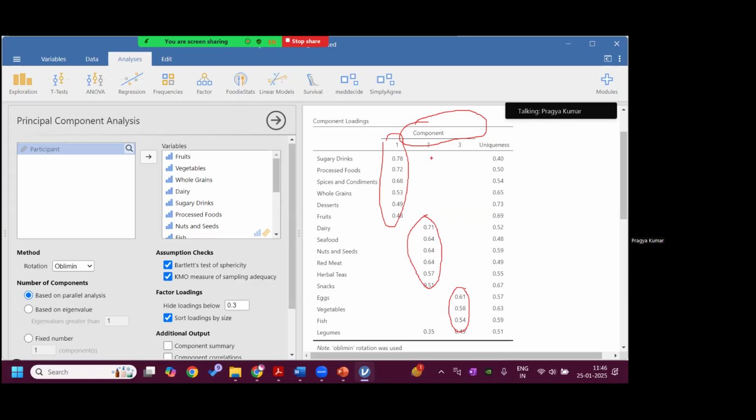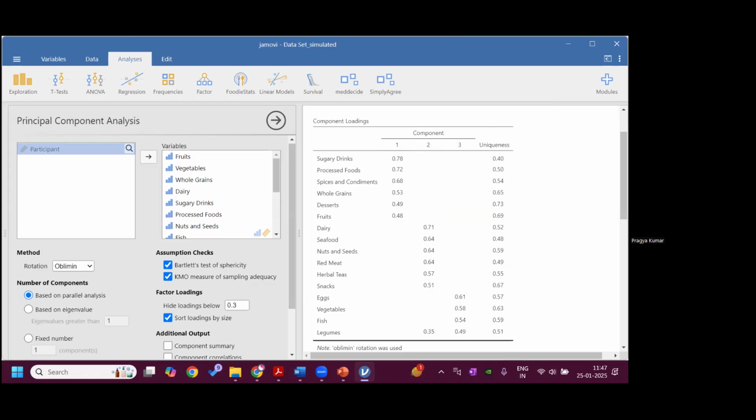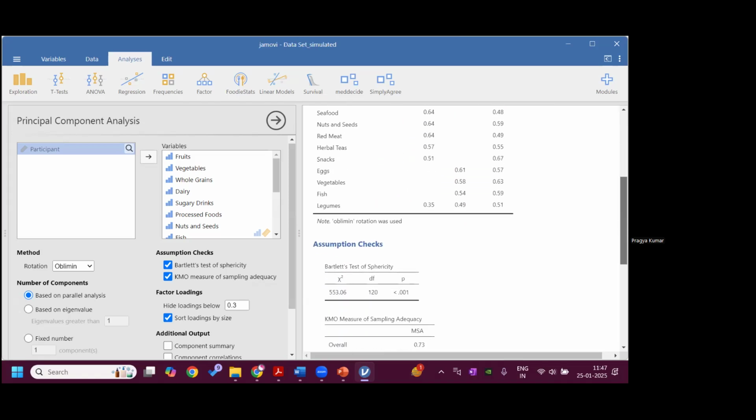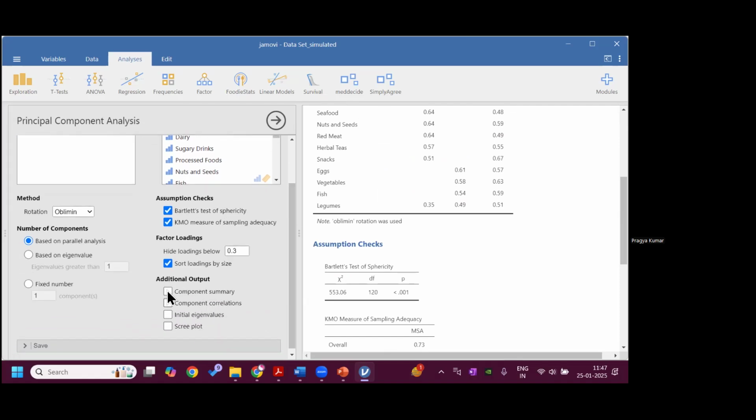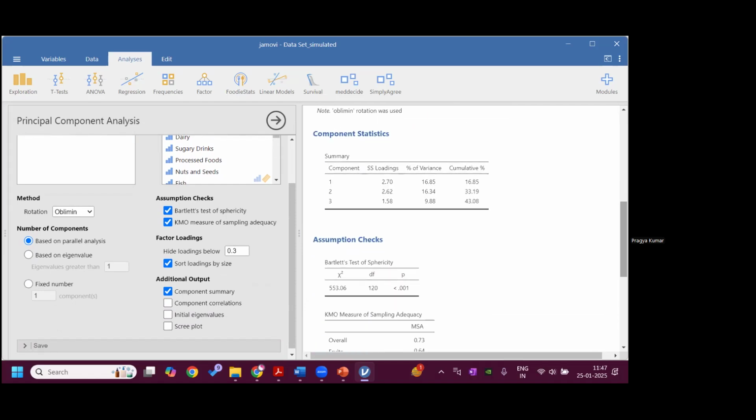You can see uniqueness here again. Now there is something known as the component summary. If you click the component summary, it tells you the cumulative variance. Component 1 explains 16% of variation in this scale.